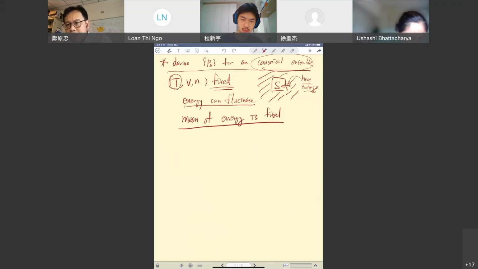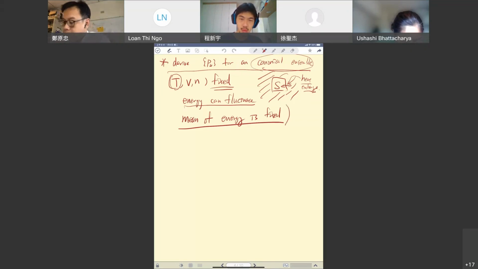It's not saying the energy is fixed. No, but its average is fixed. And this is kind of intuitive, and it fits our everyday experience. But in this case, we need to postulate this.